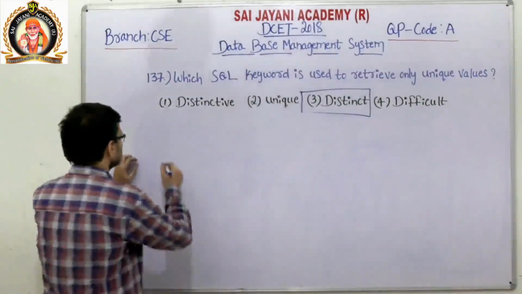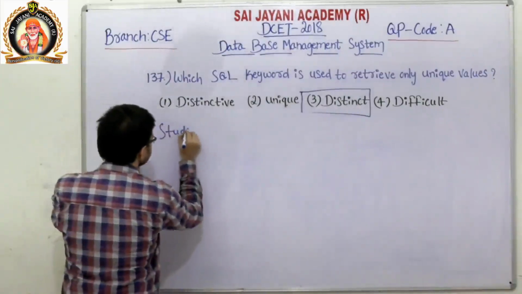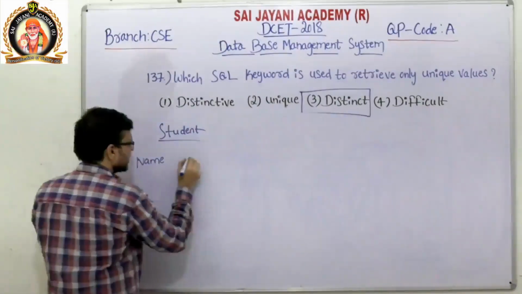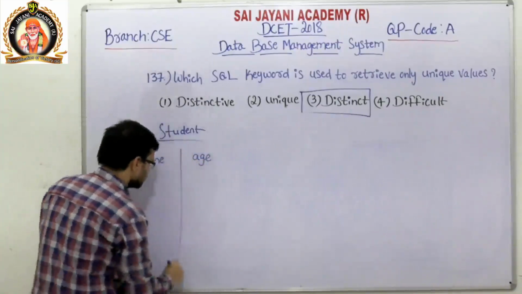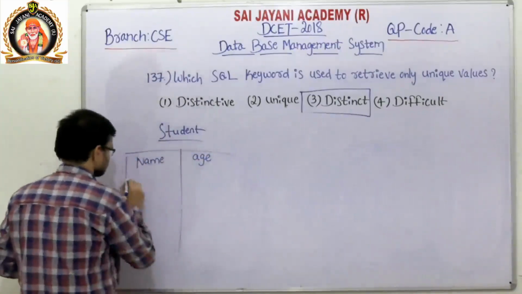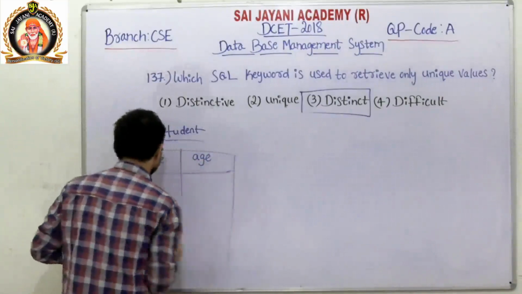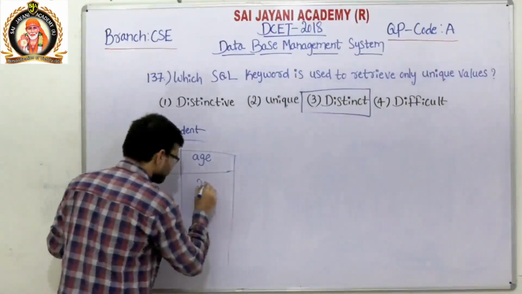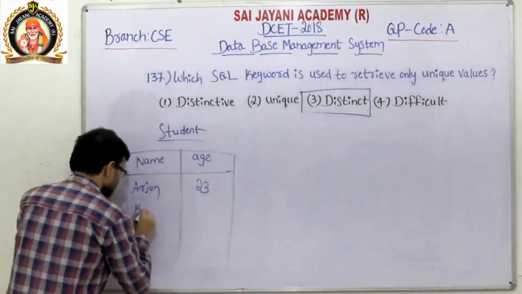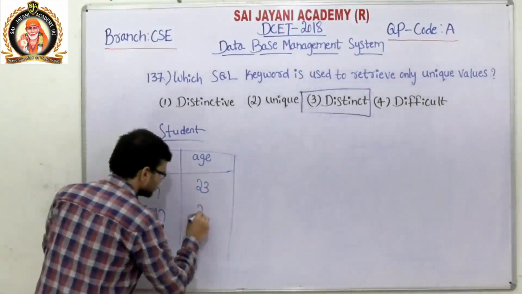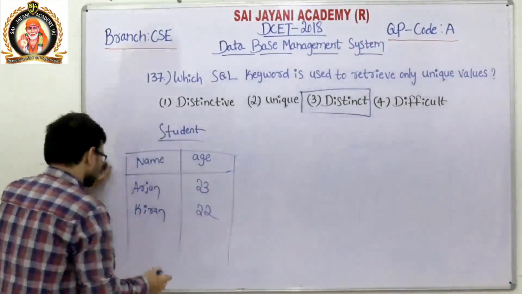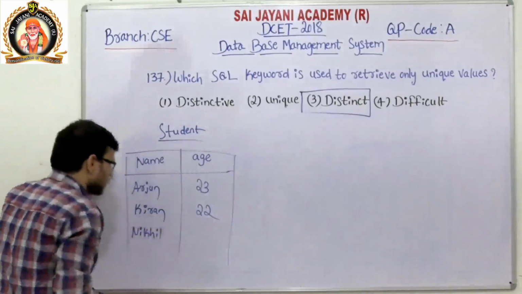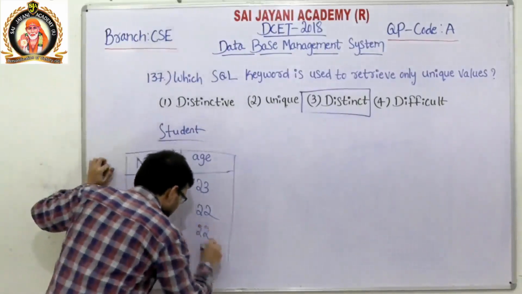For example, consider a table student. For student we have student name and age. We are considering the student name Arjun, and his age is 23, another student is Kiran and his age is 22, and another one is Nikhil, and his age is also 22.